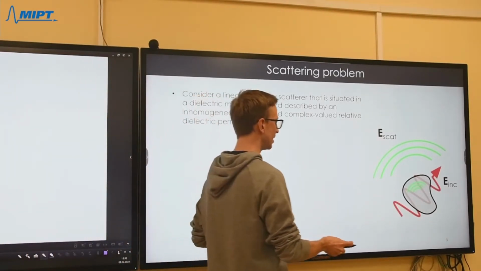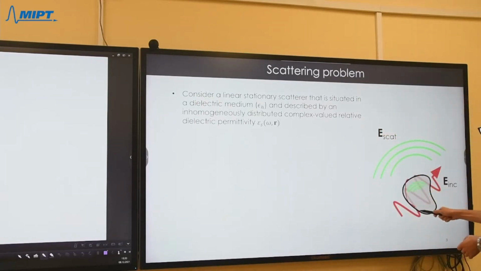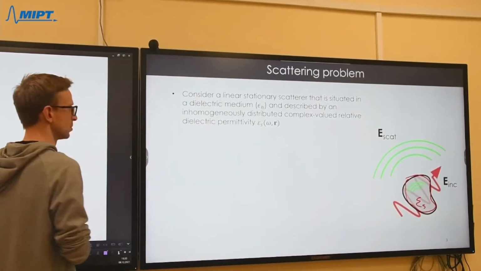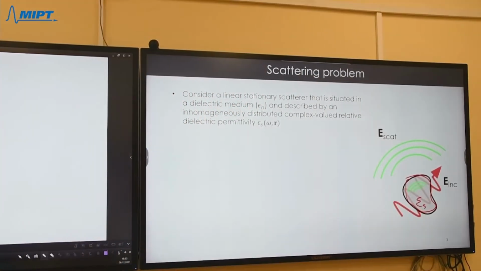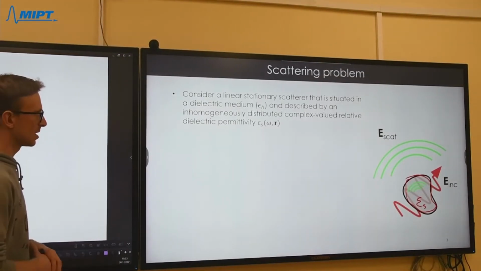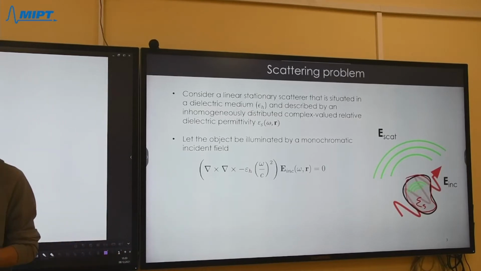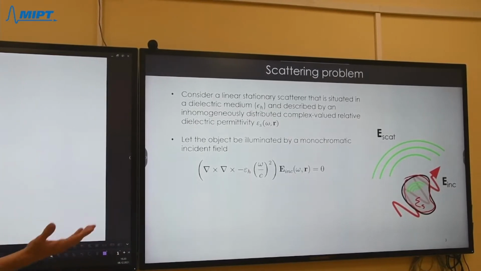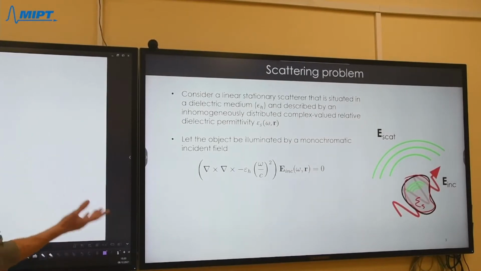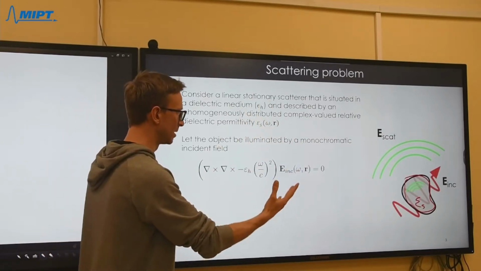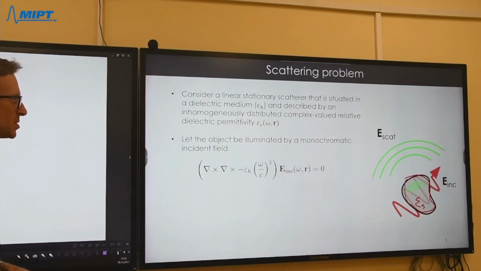So we're going to have a linear stationary object characterized by a certain permittivity, epsilon s, that can be complex valued, and that can depend on frequency, and that can be inhomogeneously distributed in space. And then we're going to illuminate this object, this scatterer. I'm going to refer to this thing sometimes as the object, the scatterer, the obstacle, the structure, anything that perturbs our environment.